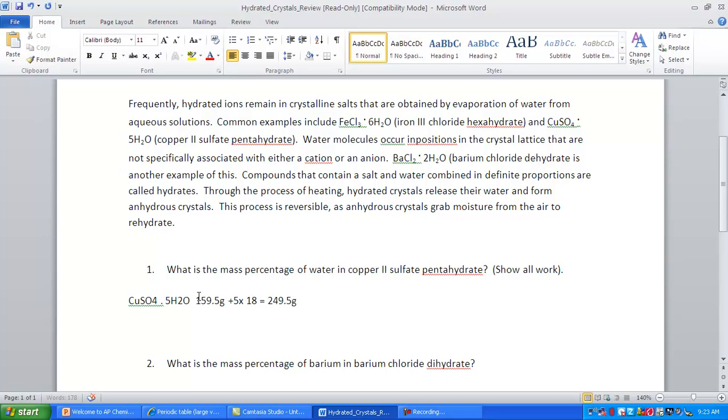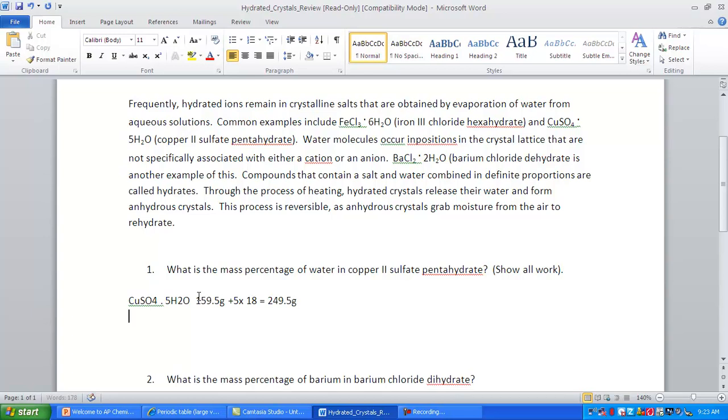Now to find the weight of the water, we're simply going to take 5 times 18, which ends up to be 90, and we'll divide that by the total mass, 249.5, and I am including units, part over whole, and then we need to express that as a percent, and we'll come up with the mass percentage of water.